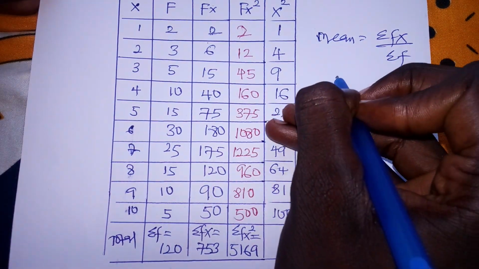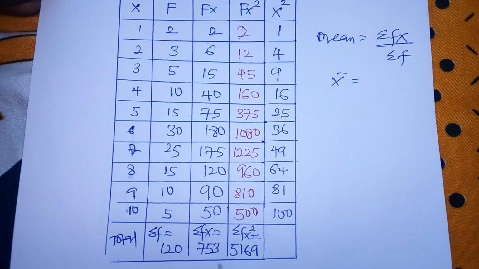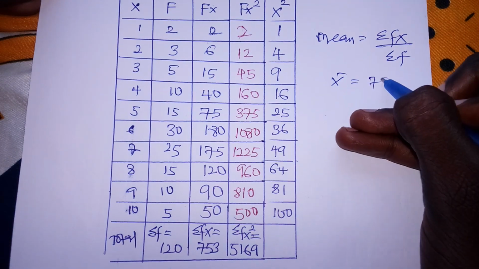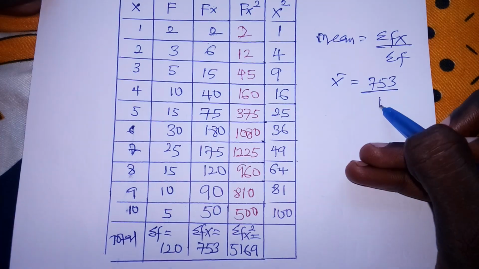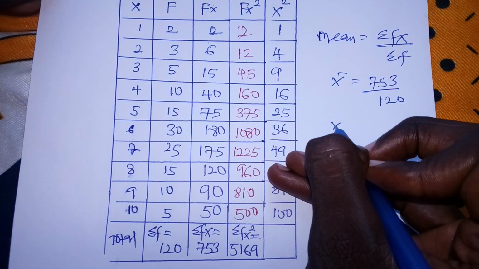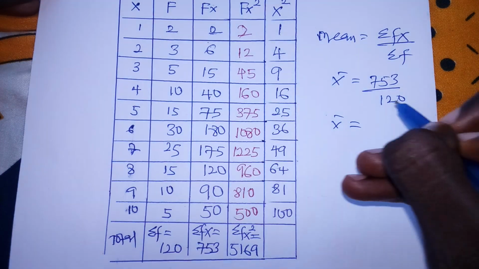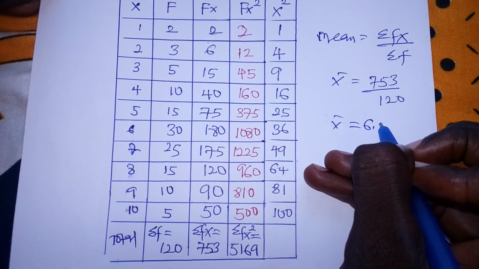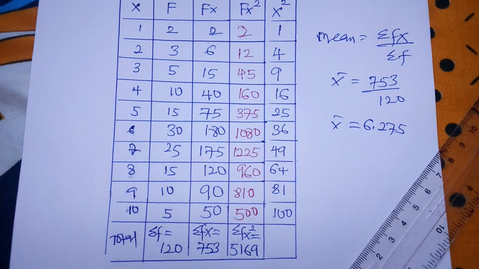So mean is equal to, what is sigma fx? Sigma fx is given as 753 divided by 120. Then if you divide, you can see the mean becomes 6.275. So this is the mean.